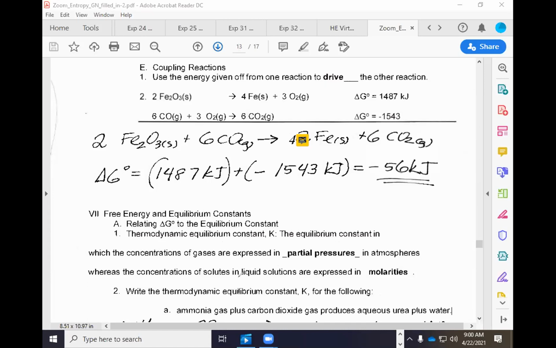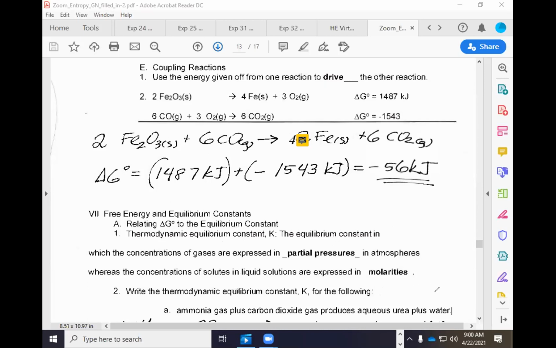And so what you're going to do is write out the equilibrium reaction for ammonia gas plus carbon dioxide gas produces aqueous urea plus water.